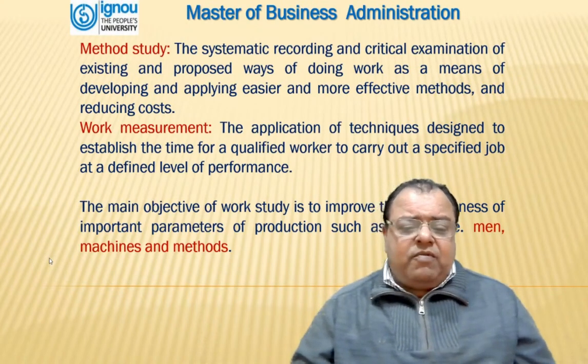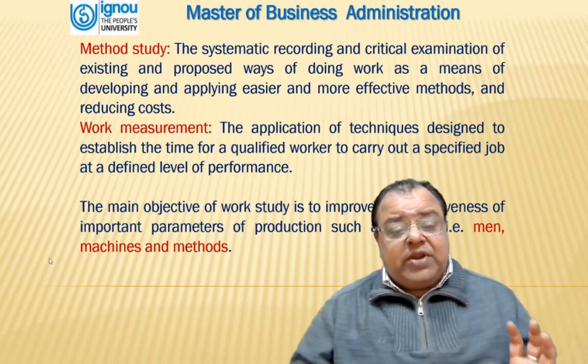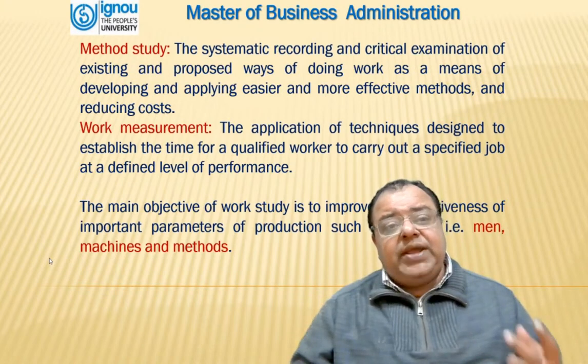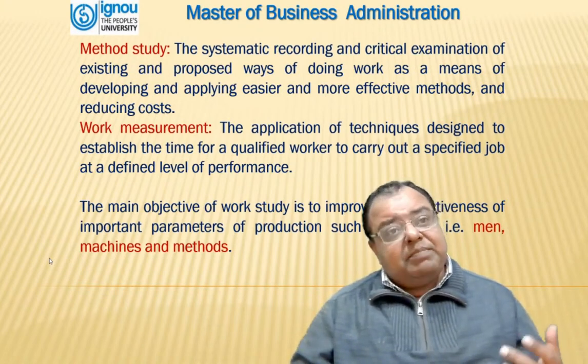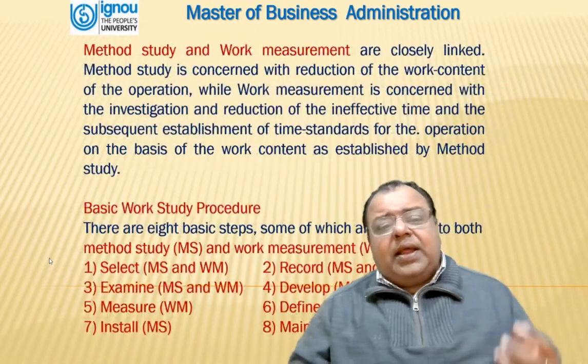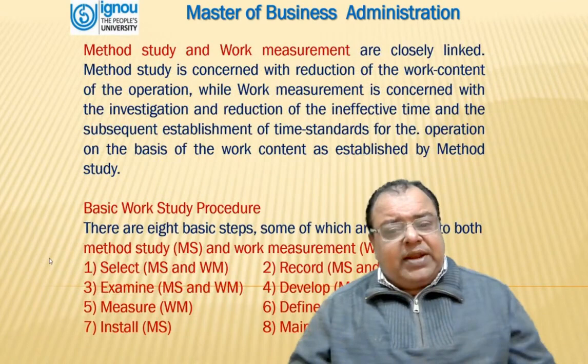The main objective of work study is to improve the effectiveness of three important parameters of production, the three M's, that is, man, machines, and methods. Now, method study and work measurement are closely linked.